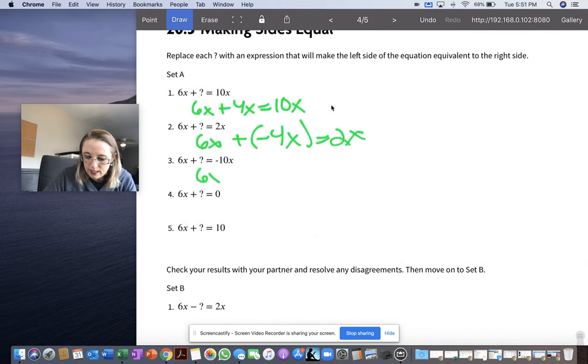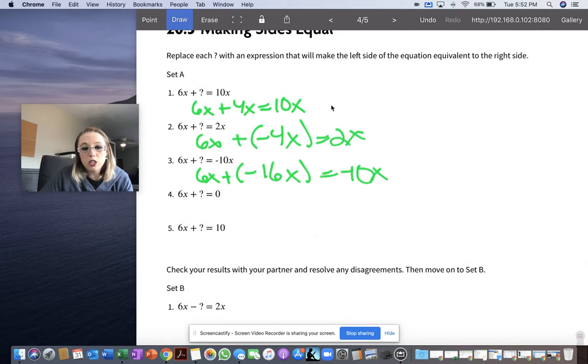So 6x plus a negative 16x equals negative 10x. Okay, 4 should be pretty simple and straightforward. 6x plus a negative 6x equals 0.